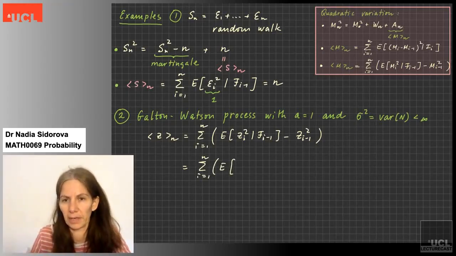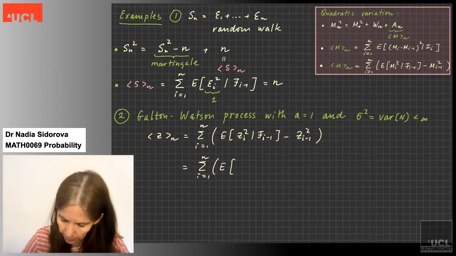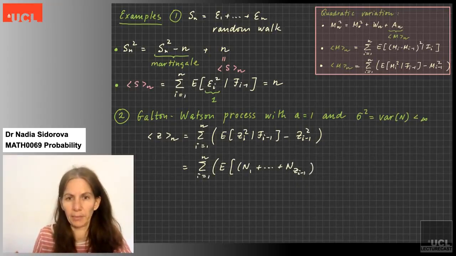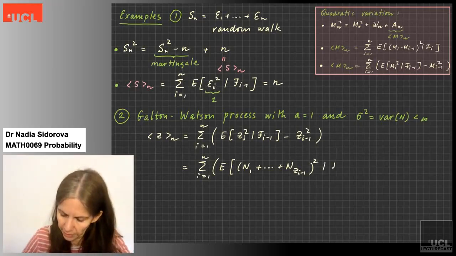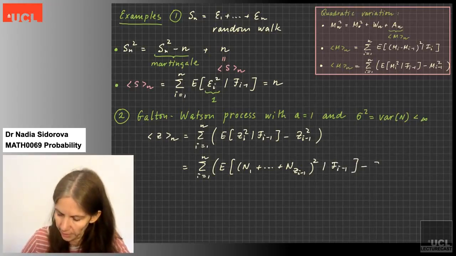If I have Z_{i-1} individuals in the previous generation, then I need that number of offspring random variables, N_1 plus up to N_{Z_{i-1}}. If I sum them, this will give me the total number of children in generation i, and then I am asked to square it, take the conditional expectation, and subtract Z_{i-1} squared.